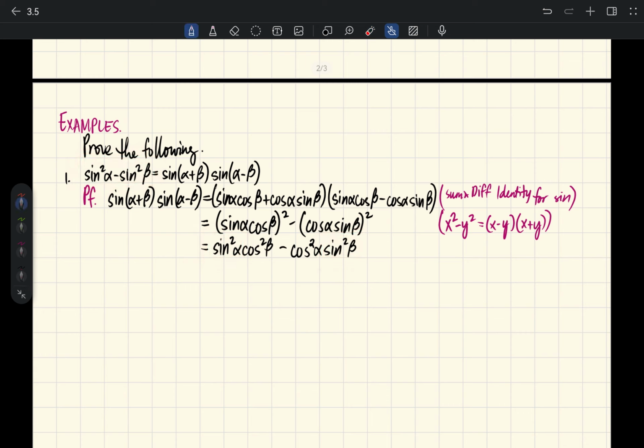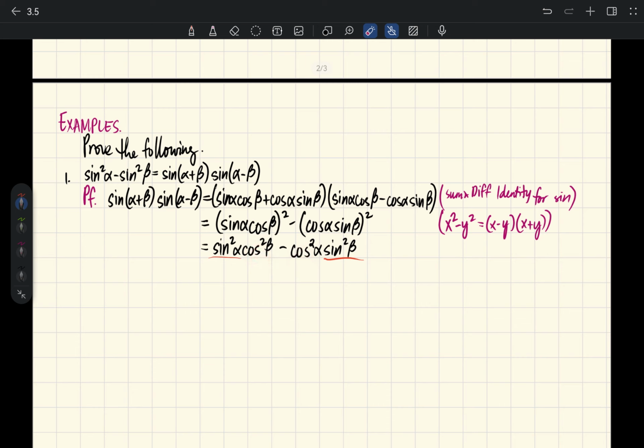So since we already have a sine squared alpha and the sine squared beta, we do not really want to touch these anymore. Instead, what we want to do is figure out what else can we do with these two. Ano kaya yung pwede nating gawin sa kanila?